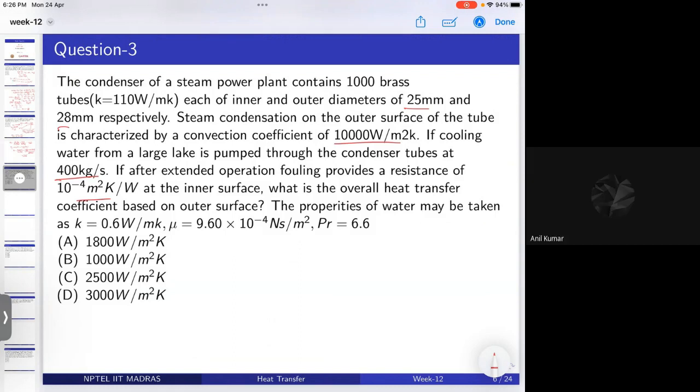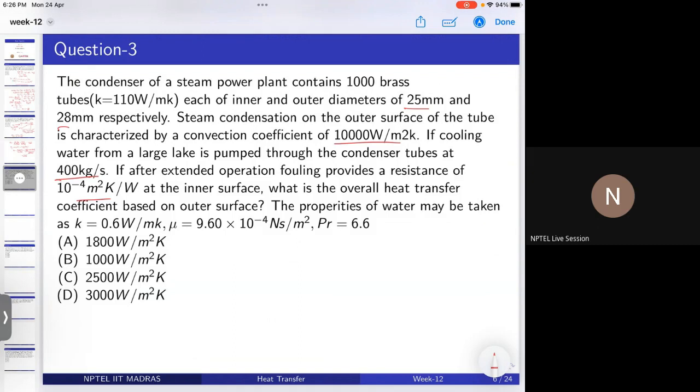So the tube arrangement is not required here. You are asked to find the overall heat transfer coefficient of the tube based on the outer surface.